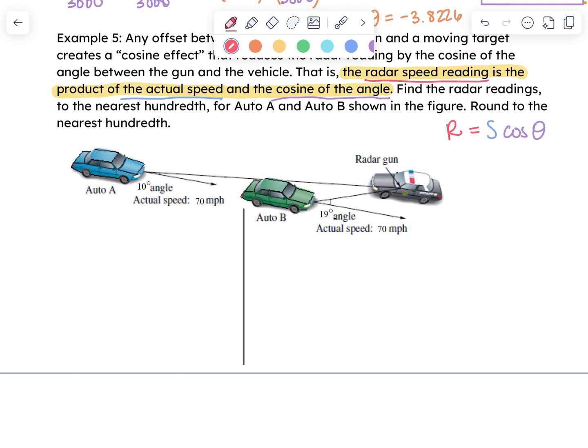So my radar reading R is going to equal the actual speed, which they have as 70 miles per hour, times the cosine of my angle, which they have as 10 degrees. All I have to do from there is plug it into the calculator. So 70 cosine of 10 gives me that my radar reading would be 68 point, and it says round to the nearest hundredth, so 94 miles per hour.